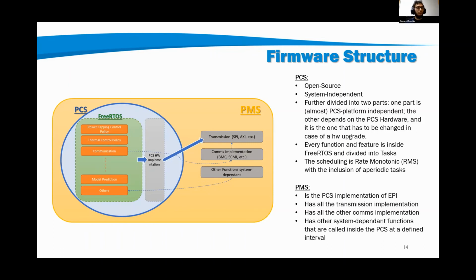And there is also a hardware abstraction layer to translate these inputs and requests from the FreeRTOS tasks to the PCS hardware. And then there is the outer region that is the PMS, which is the vendor implementation of the PCS, because it has to translate for the communication, for some event management, and for some other features that are present in the vendor system that can be called inside some FreeRTOS tasks that are designed for that.